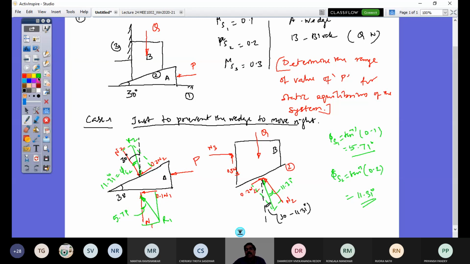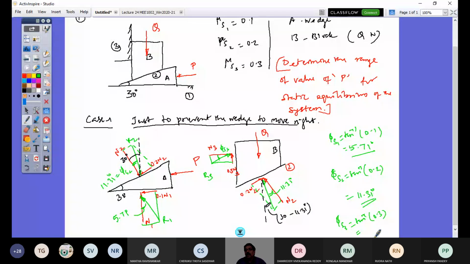Here the normal N3 happens to be horizontal. So this is phi S3. So I would have phi S3 as tan inverse of 0.3. So that value would be tan inverse 0.3, I have 16.7 degrees.